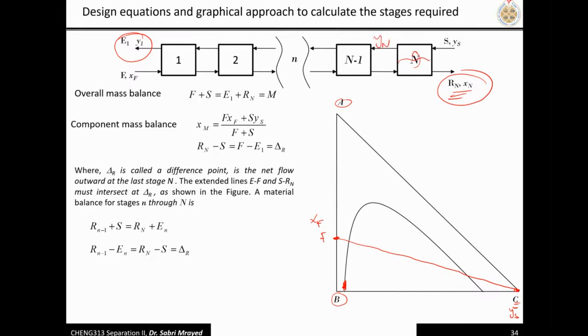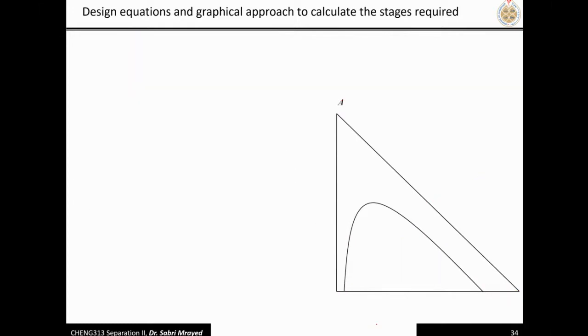And Y1 should also be drawn exactly on this line, because Y1 is at equilibrium with X1, or let's call it XR1. So now that line should be somehow like this. This is going to be E1 and XE1 or Y1, whatever you want to use. And this one is going to be Rn and, let's say, XRn.